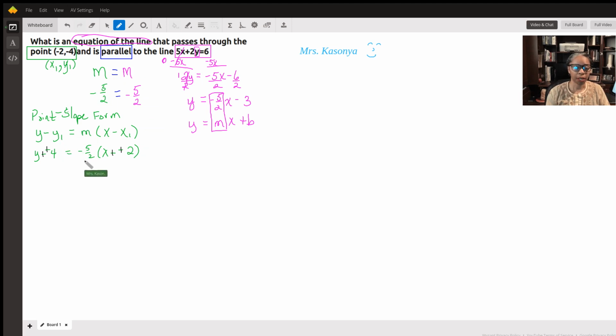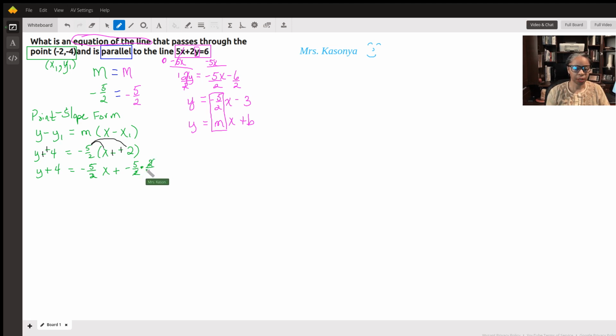So we're going to go ahead and distribute the negative 5 halves here and the negative 5 halves here and see how our equation is going to shape up. Right now we've got y plus 4 on the left is equal to, distributing, negative 5 halves x, plus our negative 5 halves times that 2 that's already there.